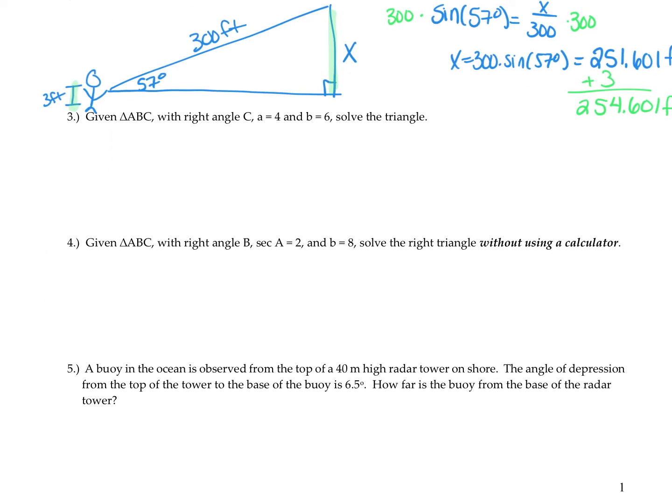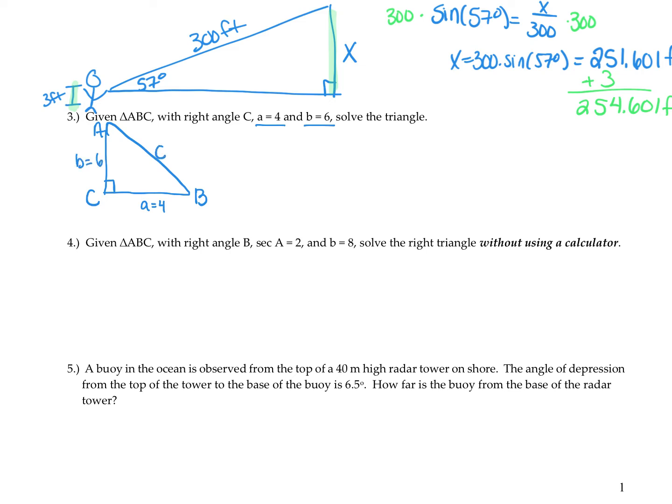All right, in number 3, they say triangle ABC, and they give us side A and side B. So let's draw a right triangle with the right angle at C. Side A is across from angle A, so little a would be here, little b would be here.